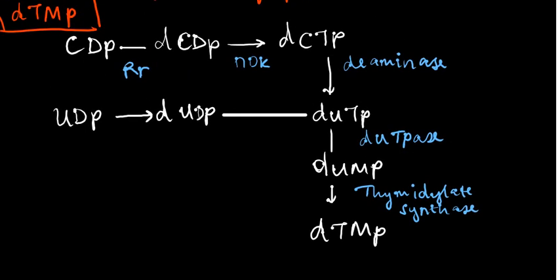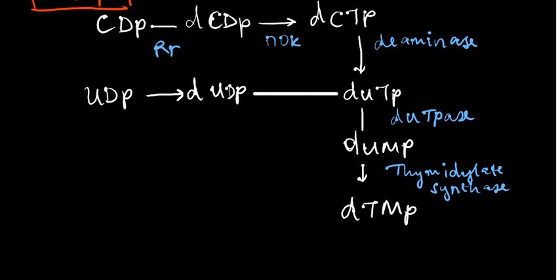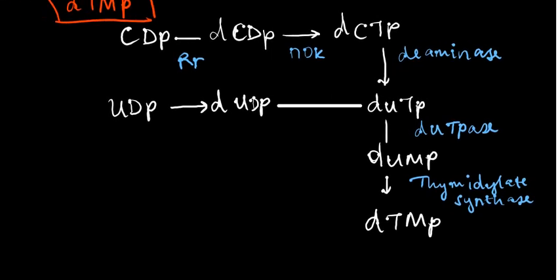So this is deoxycytidine triphosphate being converted to deoxyuridine triphosphate. The enzyme is deaminase. Alright, so the final compound is dTMP, and the enzyme is thymidylate synthase, like you can see.